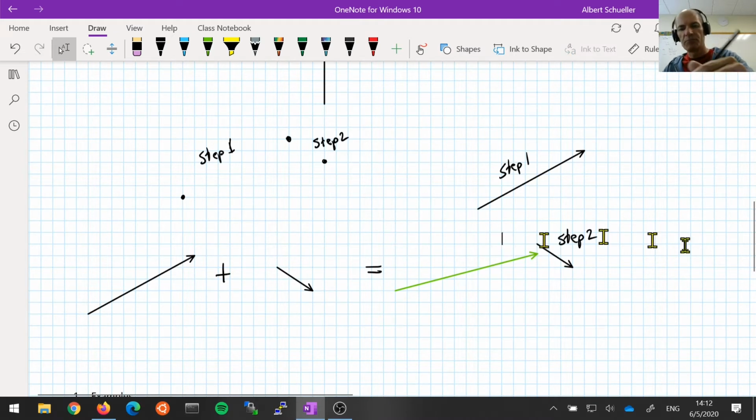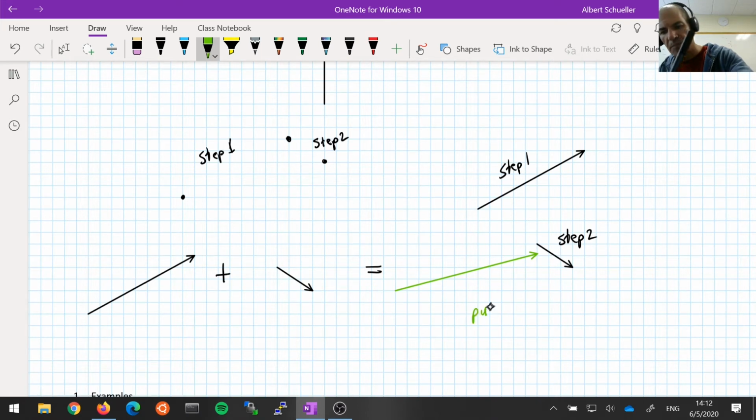And how do we figure that out? We put them head to tail and see where we end up.